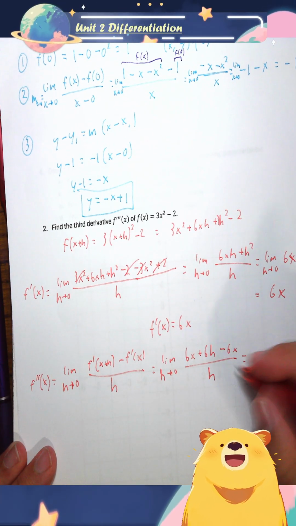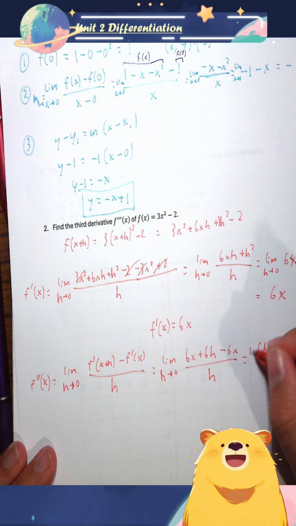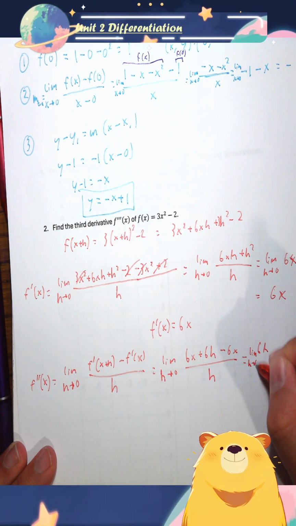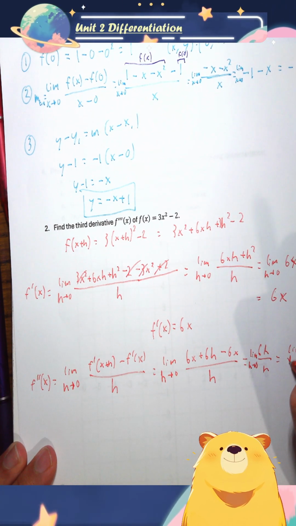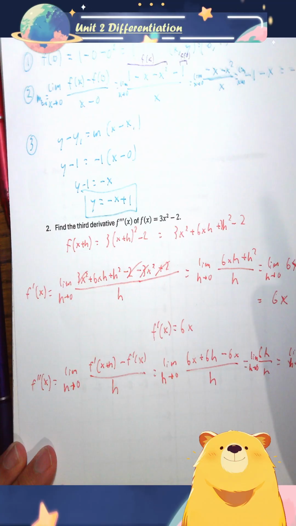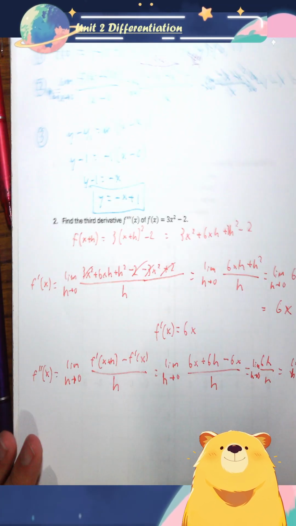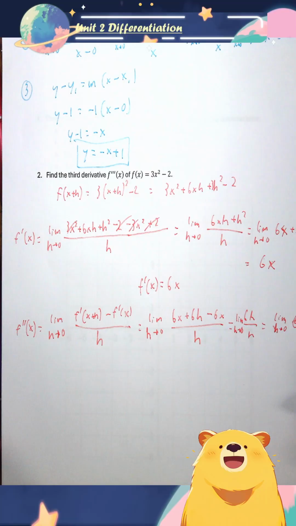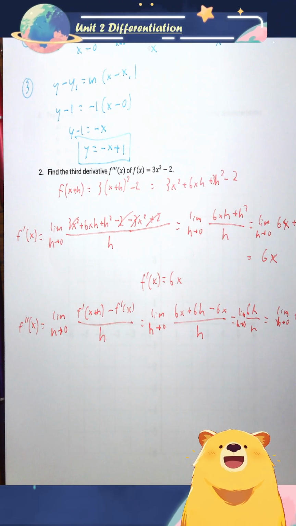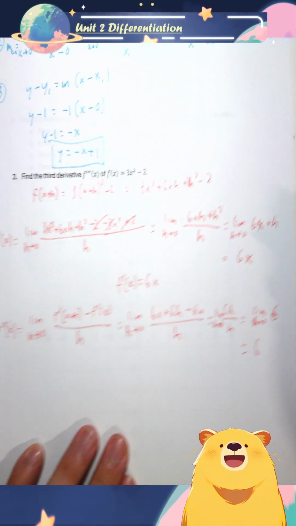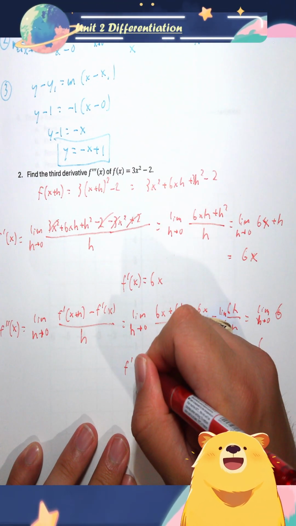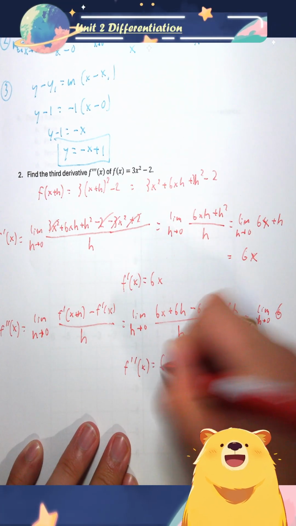And that's going to be 6h over h, and that's going to be 6. And then we know that the limit, substitution, constant value ideas, whatever, that's going to equal 6. So we know that the second derivative is 6.